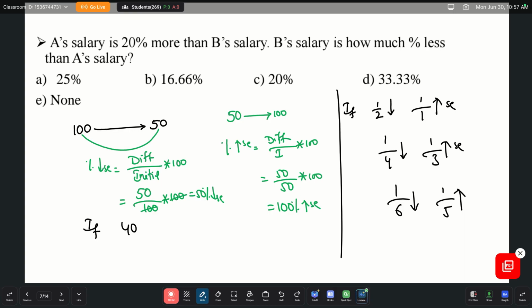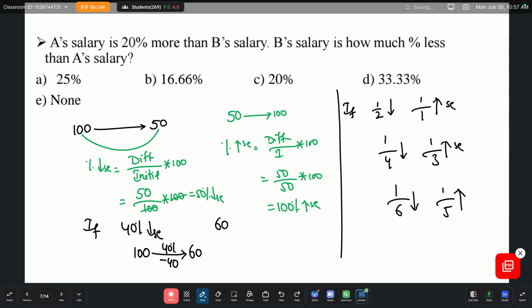If 40 percentage is decreased, that will be 100 to 40 percentage. What is 40% of 100? 40% of 100 will be equal to 40. 100 minus 40 equals 60.